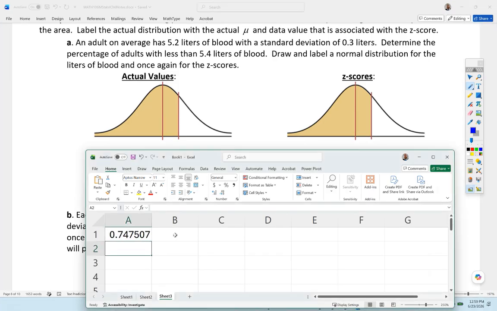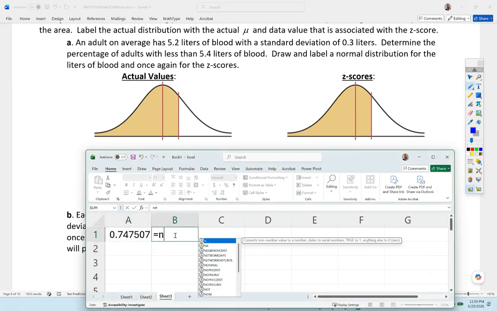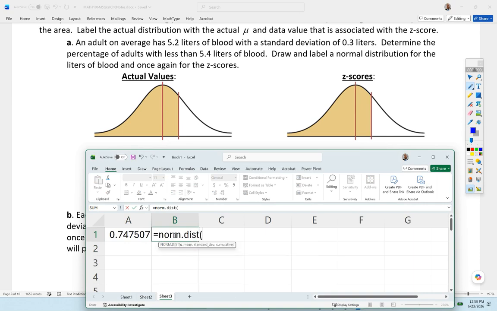Okay, so if we do it with the z-score, we should essentially get the same thing, right? So NORM.DIST, okay, so we have parentheses 5.4 minus 5.2 divided by 0.3, so that's our z-score, comma 0, comma 1, comma true. So notice instead of the actual value, I'm putting the z here instead, correct? You can calculate it in a separate box too. So let's calculate in a separate box, right?